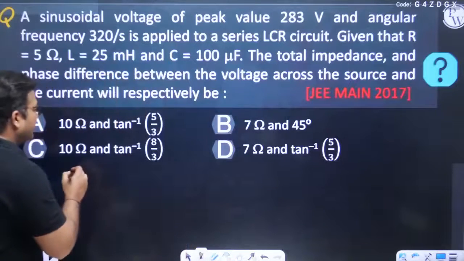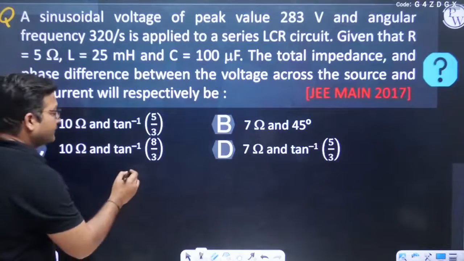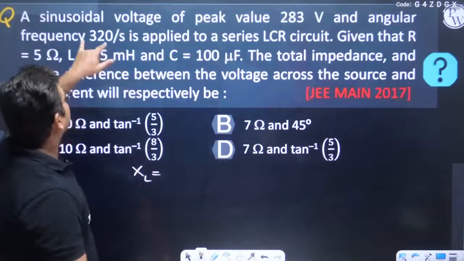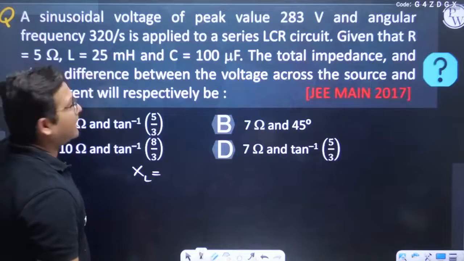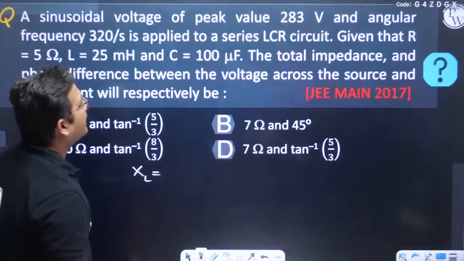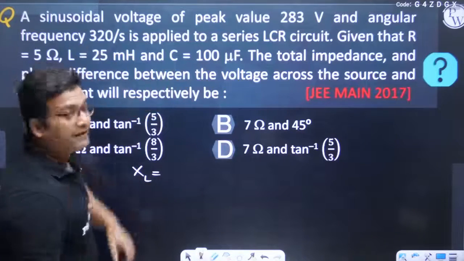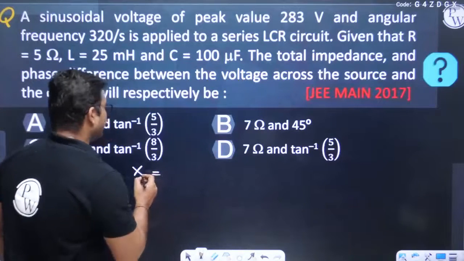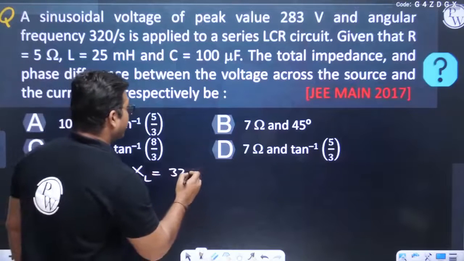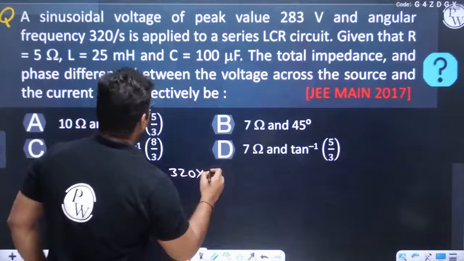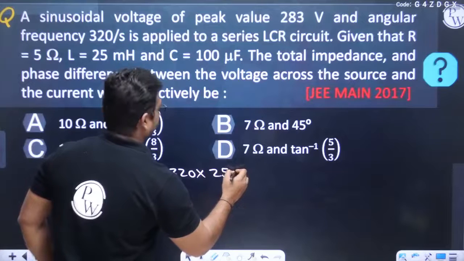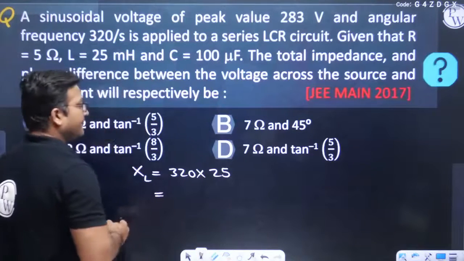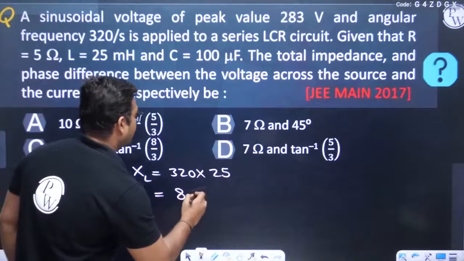Okay, so let us find this. As R is given, let us first calculate XL, and XL is actually omega times L. As angular frequency is 320, remember omega is given, XL will be 320 times inductance, which is 25. If you multiply these two, this will be equal to 8 ohms.